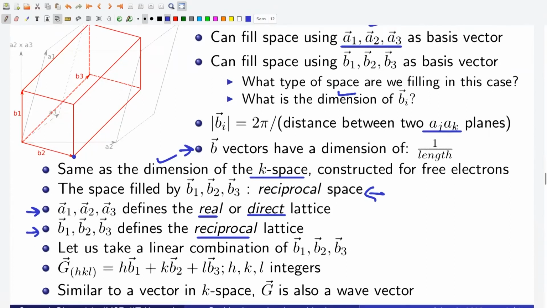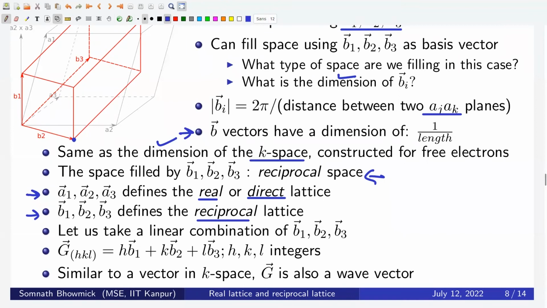Now, we can just take a linear combination of B1, B2 and B3 that will give us a vector in the reciprocal space. For example, if we take a combination of A1, A2, A3, that will give us a vector in the real space.